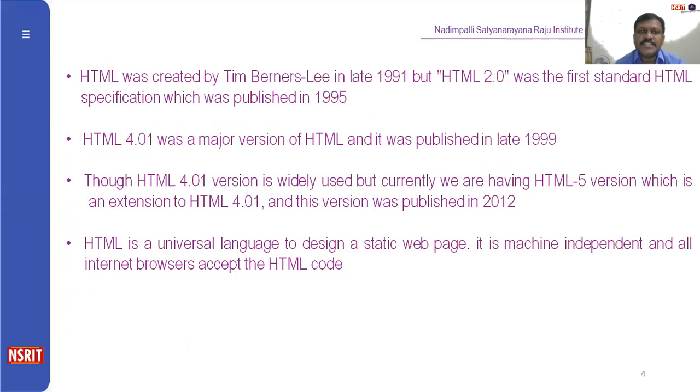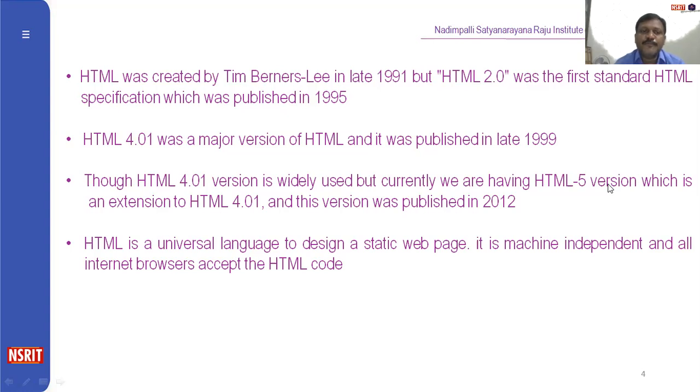Initially, HTML was created by Tim Berners-Lee in late 1991, but HTML 2.0 was the first standard HTML specification, which was published in 1995. HTML 4.01 was the major version of HTML and it was published in late 1999.